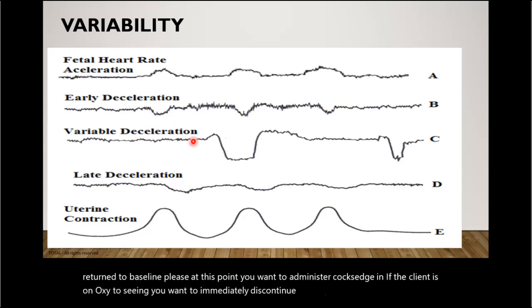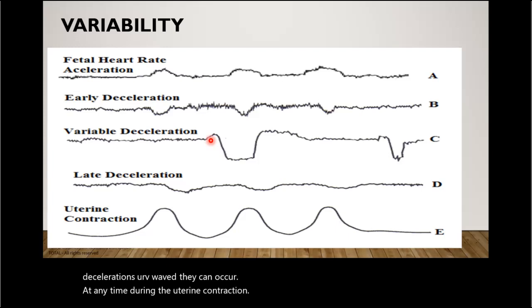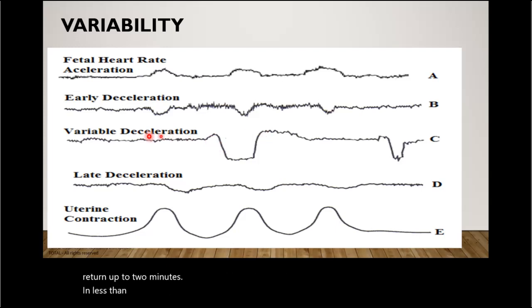So remember, variable decelerations, U or V wave, can occur at any time during the uterine contraction. It's usually more than 15 beats per minute, lasts close to 15 seconds, and returns to baseline in less than 2 minutes from onset. So that is your variable deceleration.